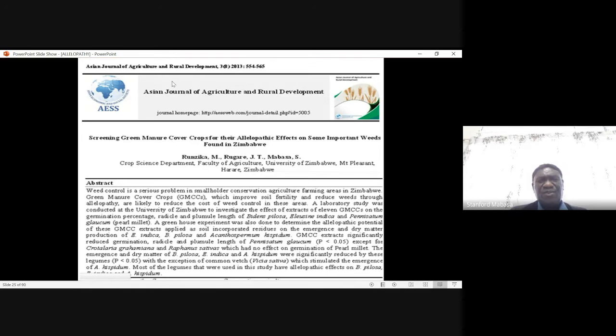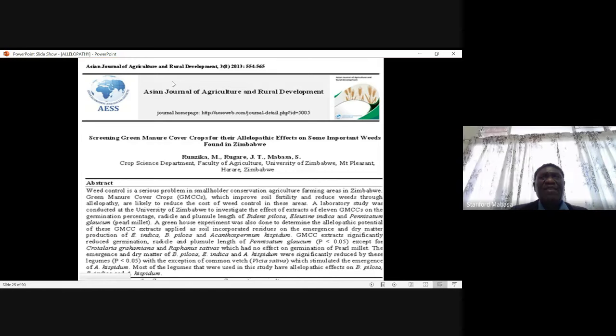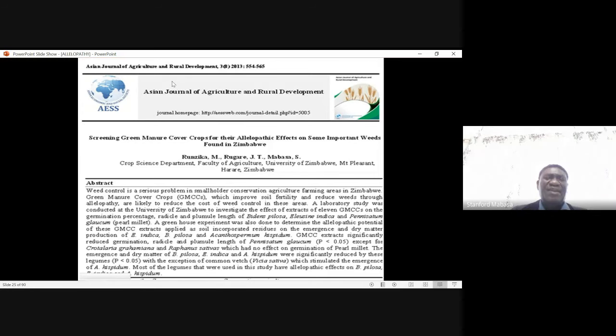So it may be possible that we may find a green manure cover crop supplying nitrogen and at the same time controlling weeds.